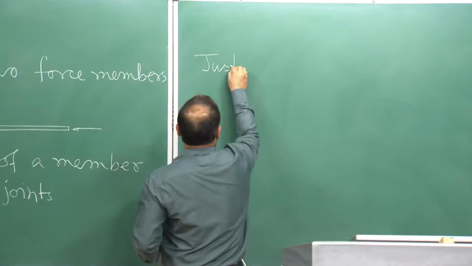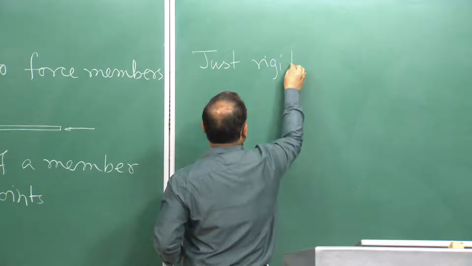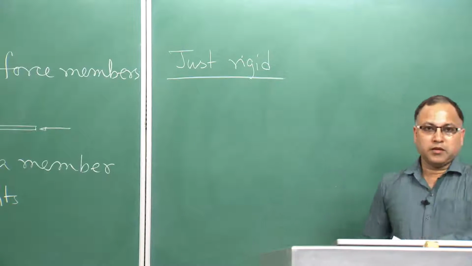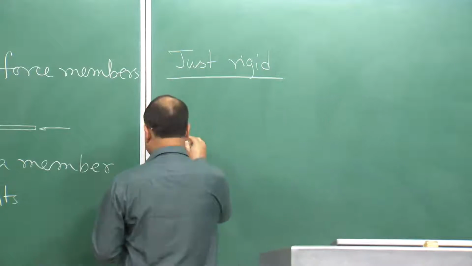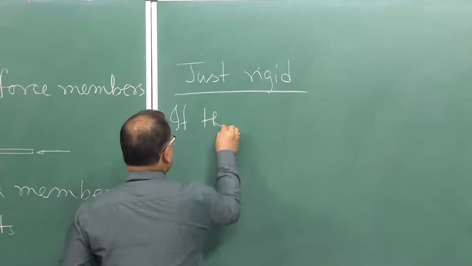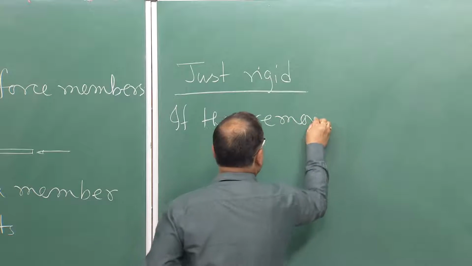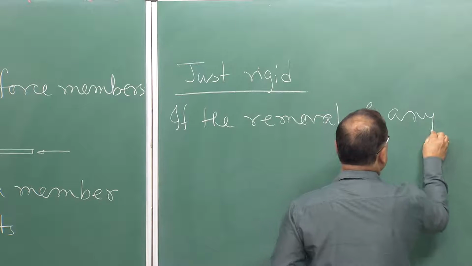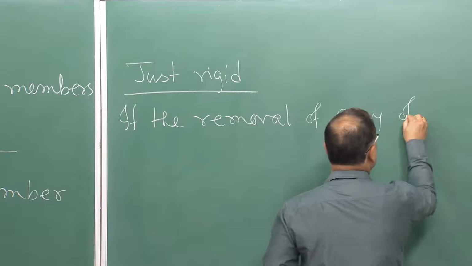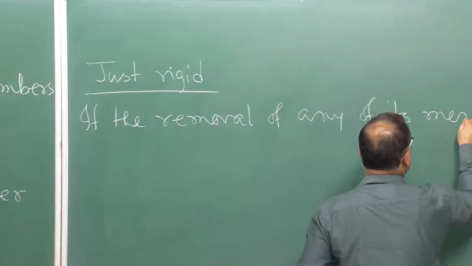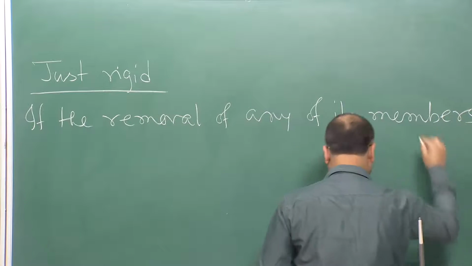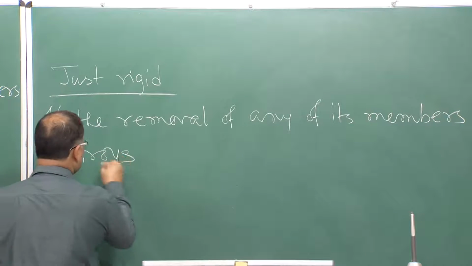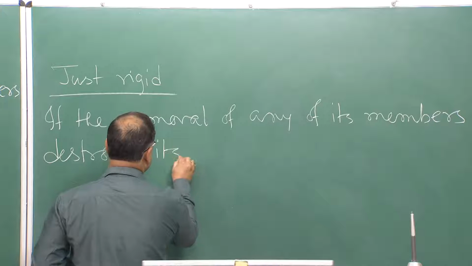Now, we will be talking about a concept: just rigid structure. It says if the removal of any of its members destroys its rigidity.